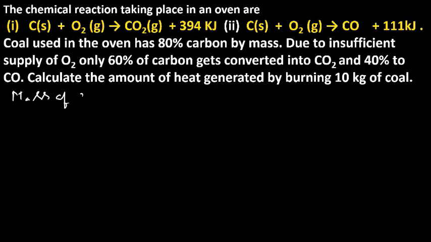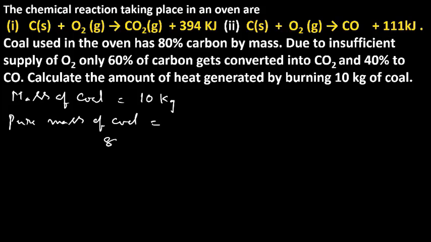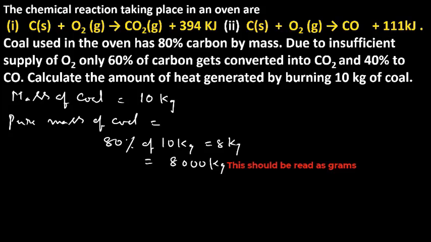Now, mass of coal given equals 10 kilograms. So, pure mass of carbon equals 80% of 10 kilograms. 80% of 10 kilograms means nothing but 8 kilograms, let us take 8,000 grams.